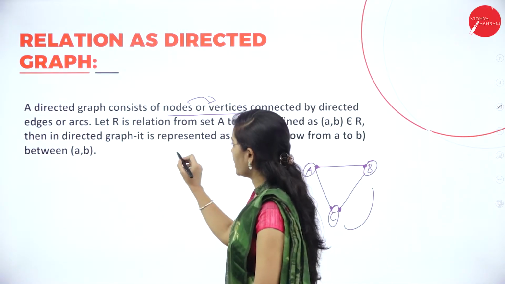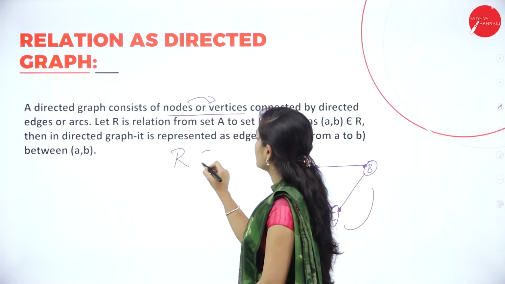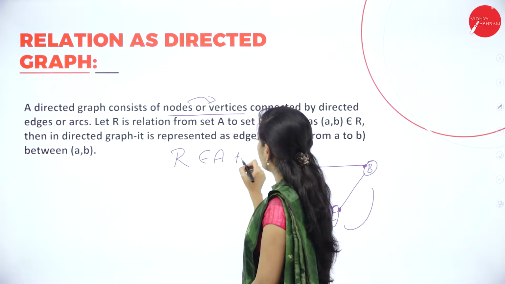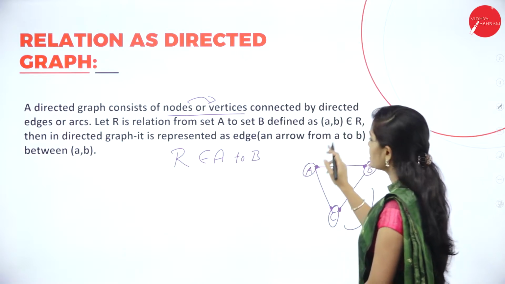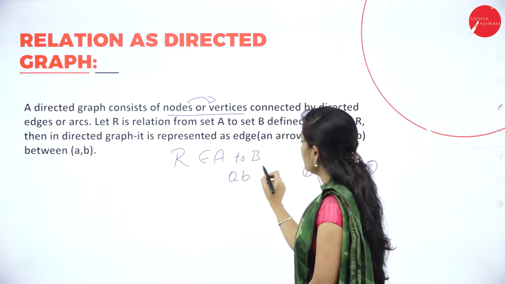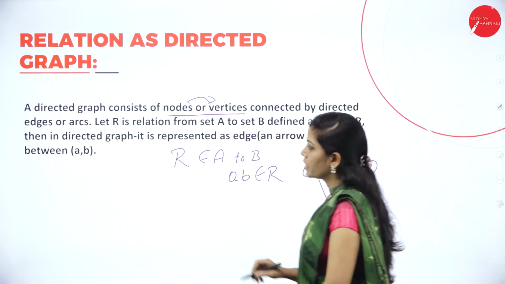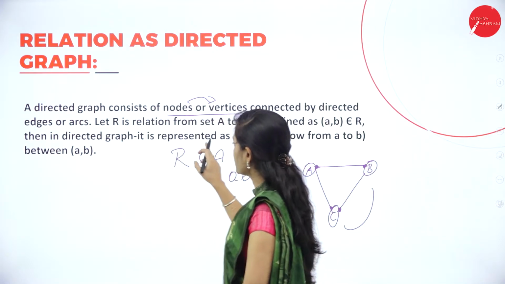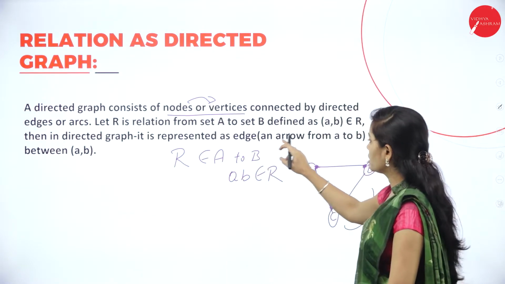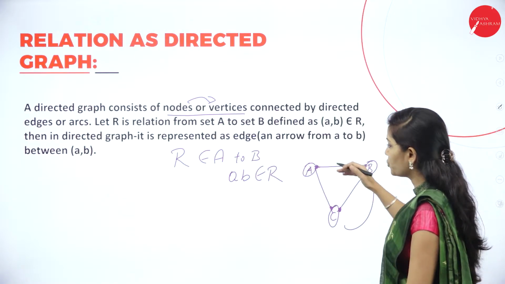Let R be a relation from set A to set B. If (a, b) belongs to R, then in a directed graph it is represented as an edge, an arrow from a to b.